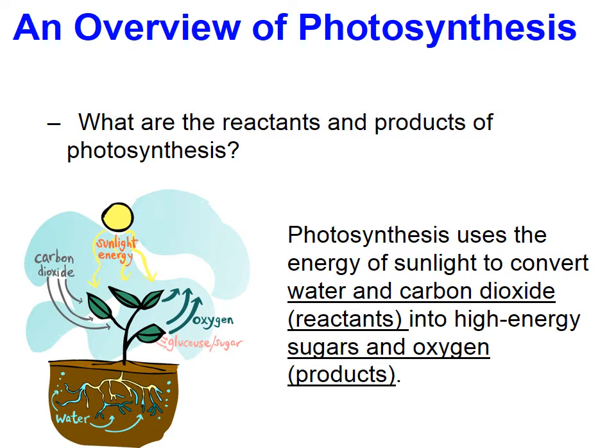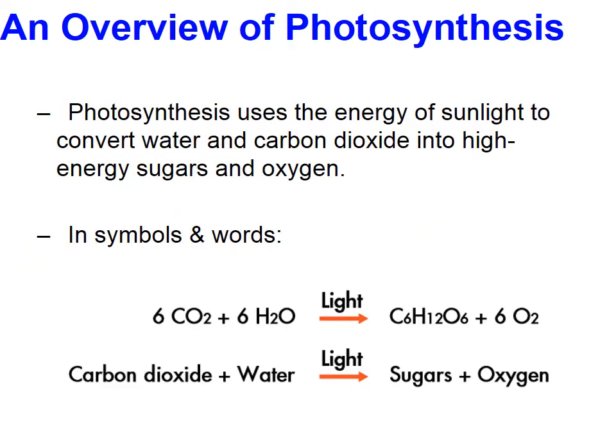Do you remember the formula of the sugar that I told you to memorize for glucose? Well, here is the reaction written in words and in symbols. You might want to stop the video and write this down. So we got carbon dioxide and water going in, sugars and oxygen coming out.